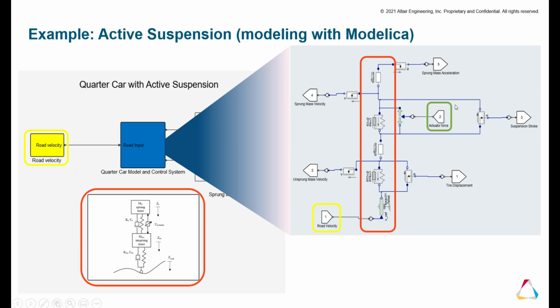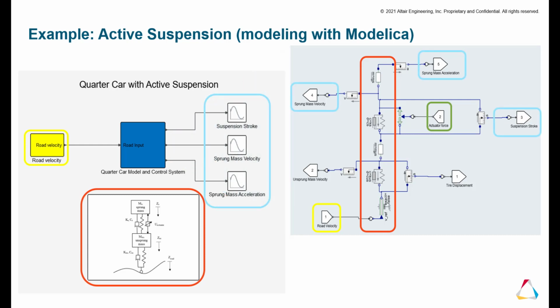Our actuator force is the signal coming in and acting on the upper suspension, the sprung spring and damper, which is our control force, and that makes it an active suspension rather than a passive one. And then we're measuring these three things: our suspension stroke, our sprung mass velocity, and our sprung mass acceleration.